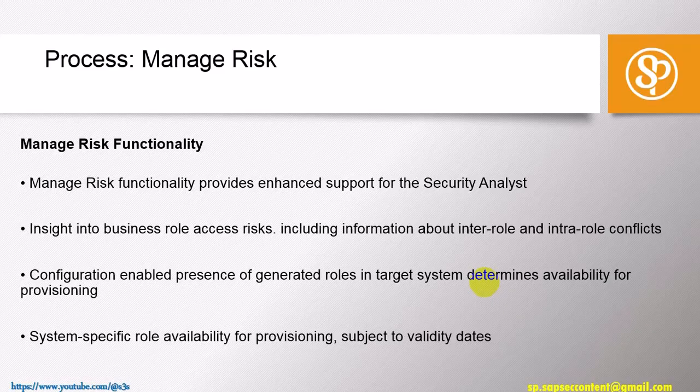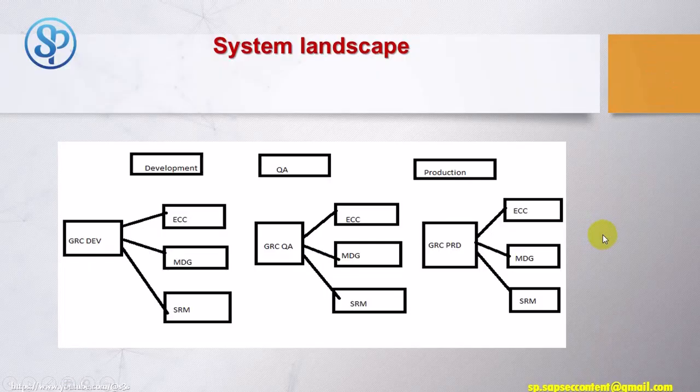Generally the normal process is we create the role and perform the risk analysis, then we come to know that it has this many high level, medium or low level risks. Based on that we plan for the remediation or mitigation. But BRM, while creating the role itself, will show the conflicts within the role itself.